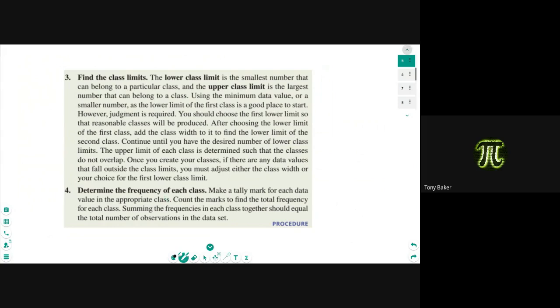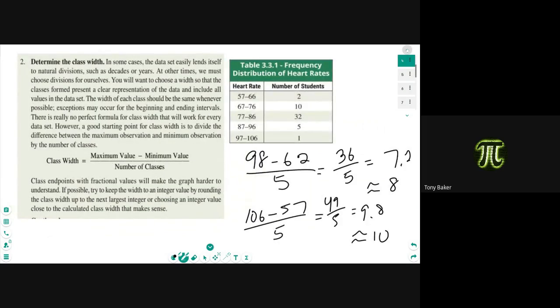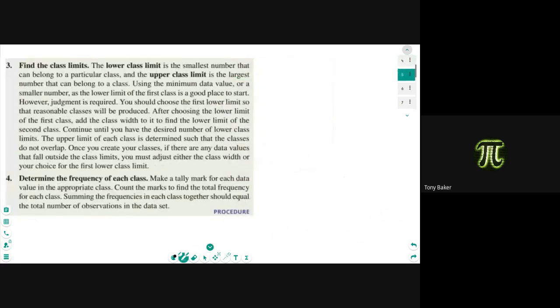So we're going to look at it. If we wanted to do class sizes of 8, because that's what we determined for this problem, my smallest number was 62, correct? The lower limit is the smallest number that we can include.